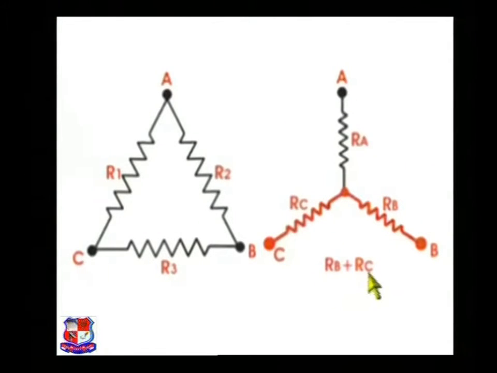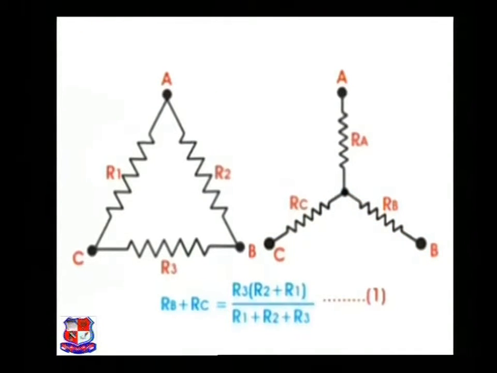Here RA will not come into our calculation as it is just open circuited. Since the two systems are identical, resistances measured between points B and C in both systems must be equal. So RB plus RC is equal to R3 into R2 plus R1 divided by R1 plus R2 plus R3, and say this is equation 1.